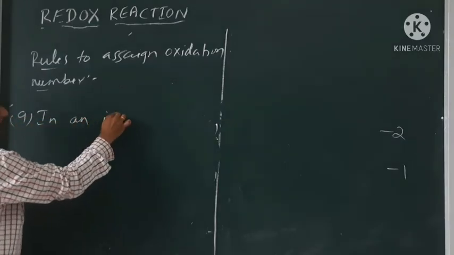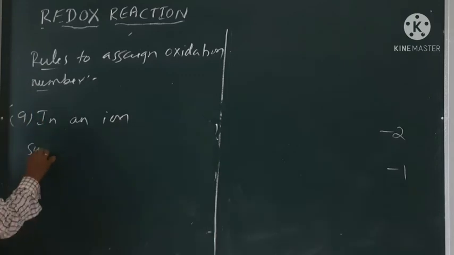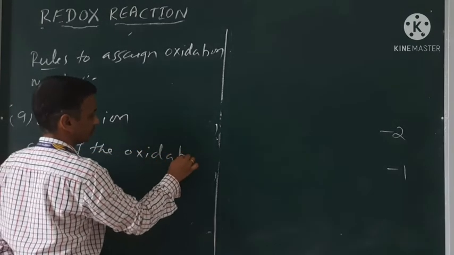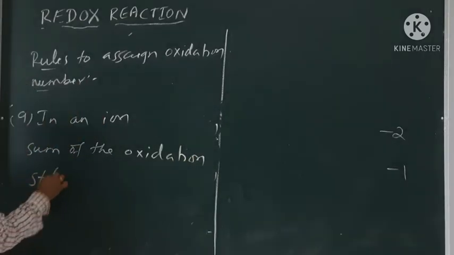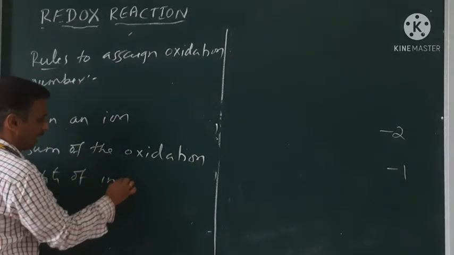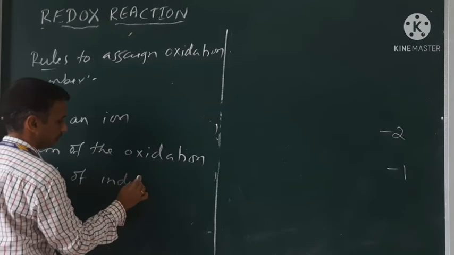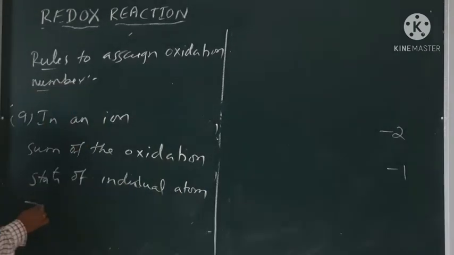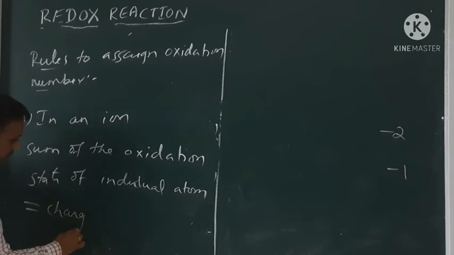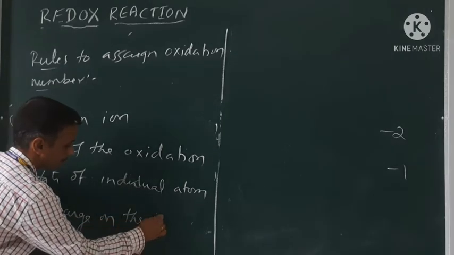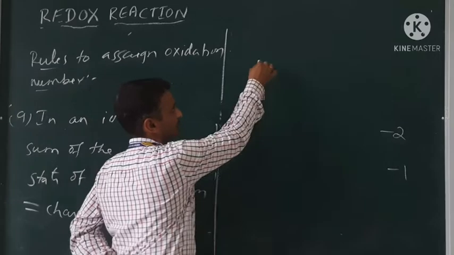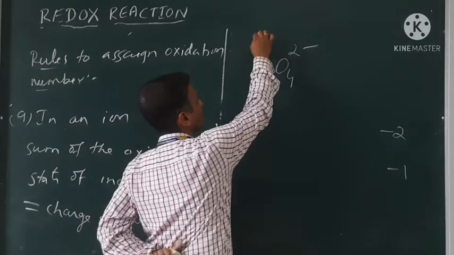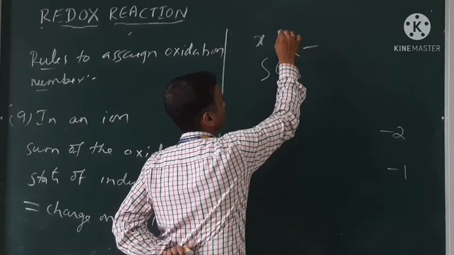In an ion, remember, sum of oxidation states of individual atoms is equal to charge on the ion. Example is here. SO4 2 minus is the ion. So for the sulfur, X you say. For the oxygen, Y you say.